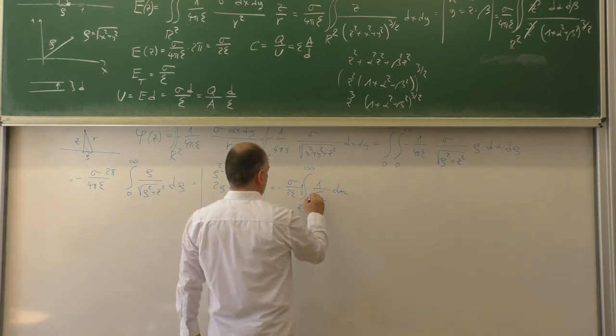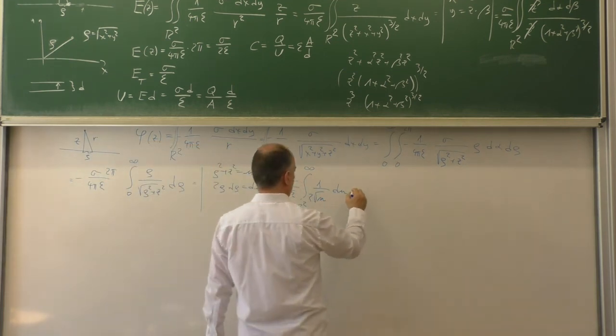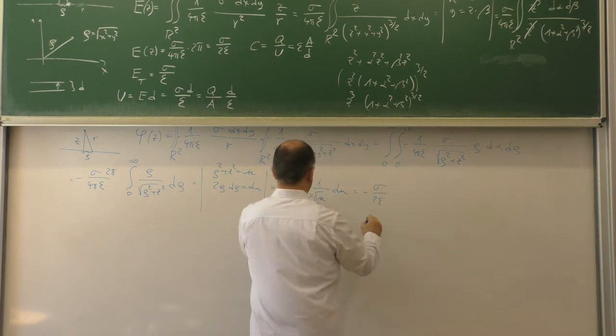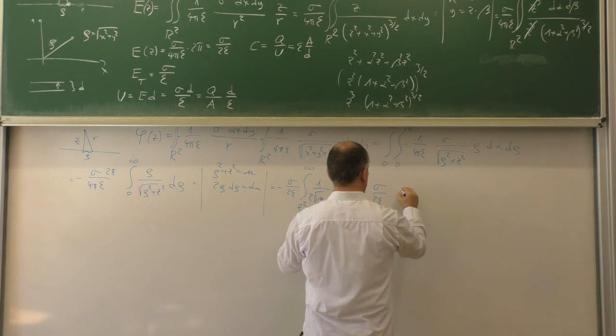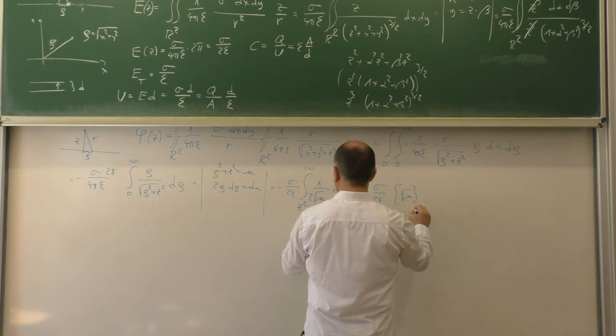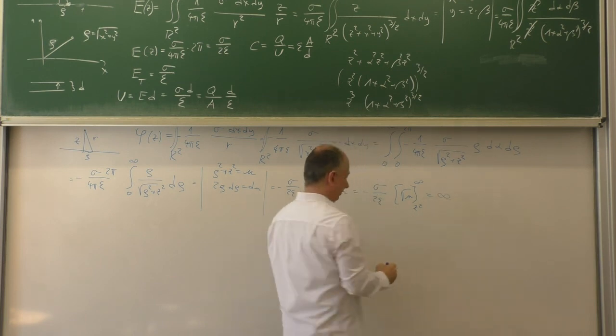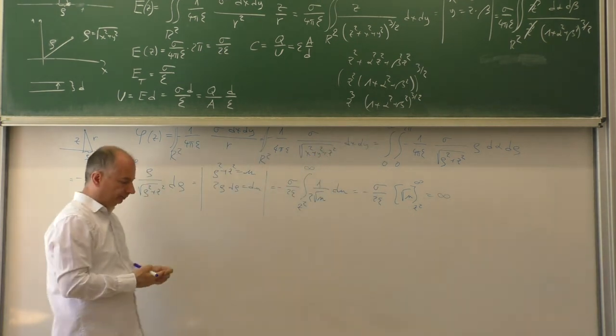And if we write the 1/2 here, then the antiderivative is square root of u from z squared to infinity, which is infinity. Too bad.